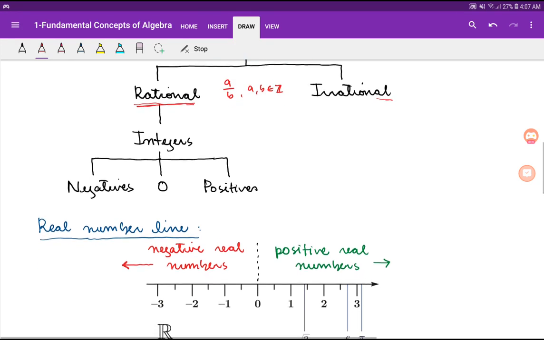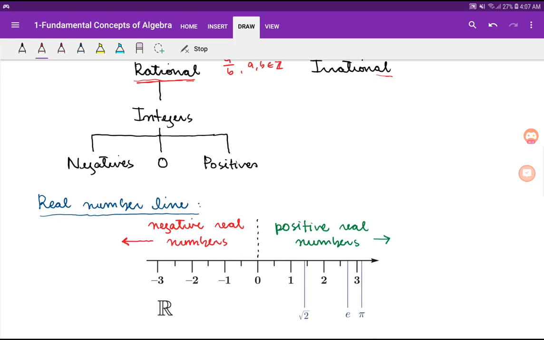Now let's see how numbers are located if we put them into a diagram. We use the real number line, where we draw a line and locate each number according to the origin, where we usually set 0 as the origin.